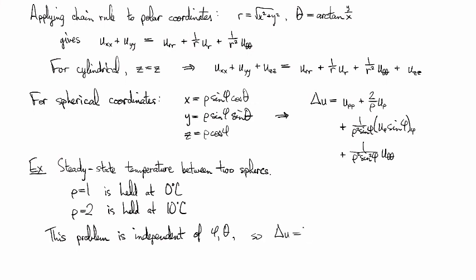So Laplace u equals 0 takes the form of the second derivative of u. Well, u is just going to be a function of rho alone, so let's write it with primes as an ODE.